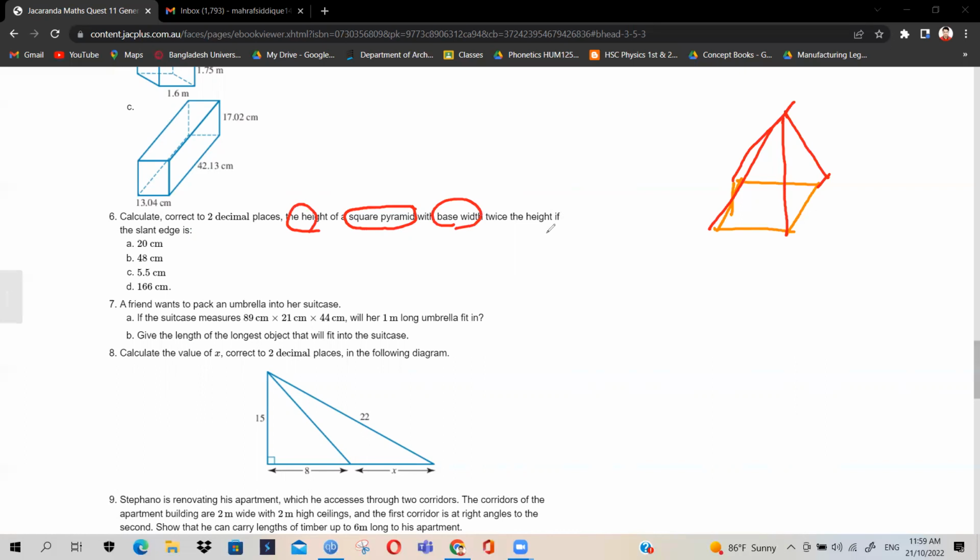Base width twice the height. Once again, the height of a square pyramid with base width, what is the base width? Twice the height. One second, I'm just trying to figure out the language. Height means height, that is not a problem.